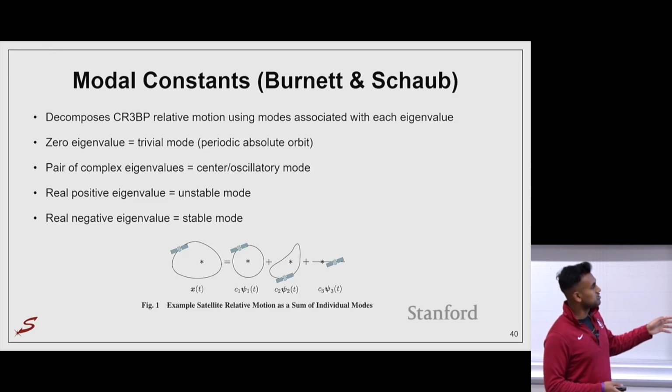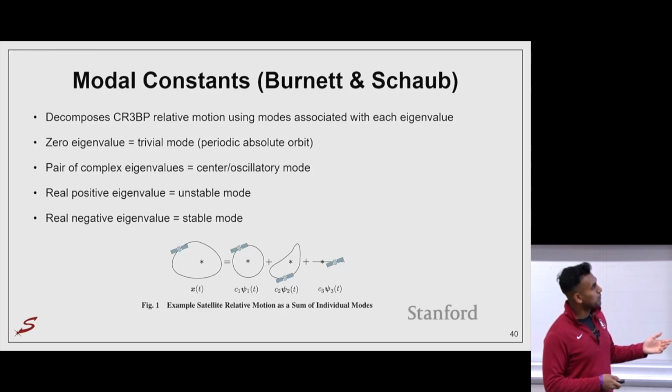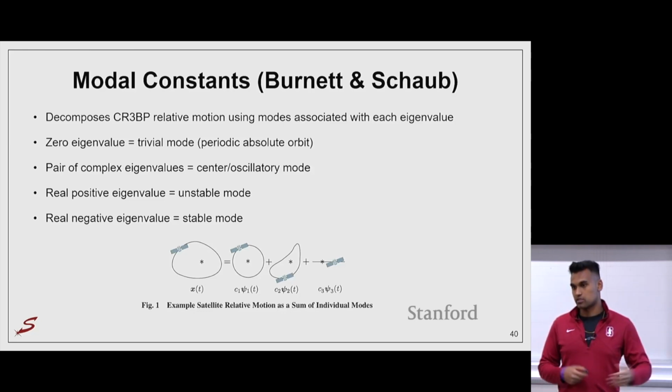This is a six-dimensional system, so it would always have six eigenvalues, but sometimes they come in different pairs depending on the stability of the orbit.